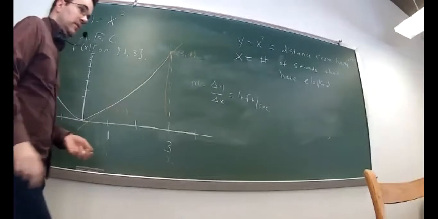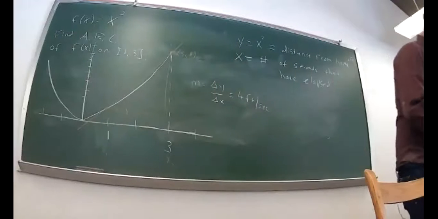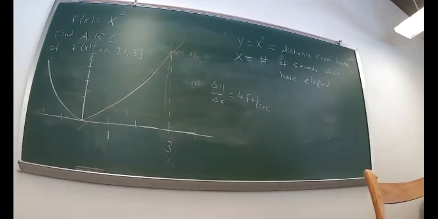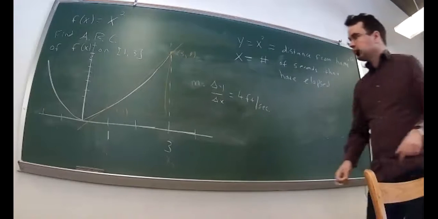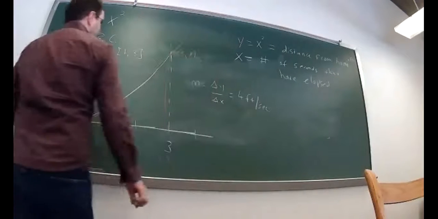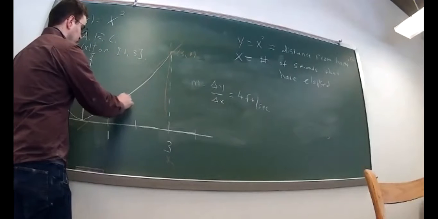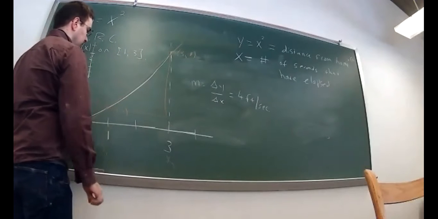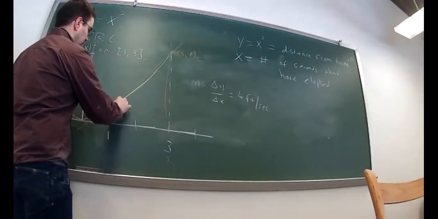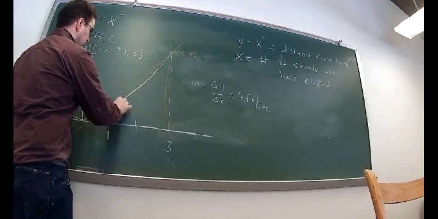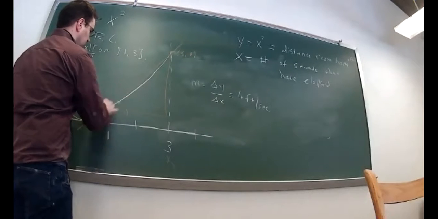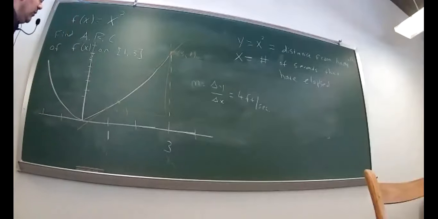Well, what you might try is picking a point that's really close to 1 second, like 1.2 seconds or something. The color might not show up that well, but I'll put it in yellow.